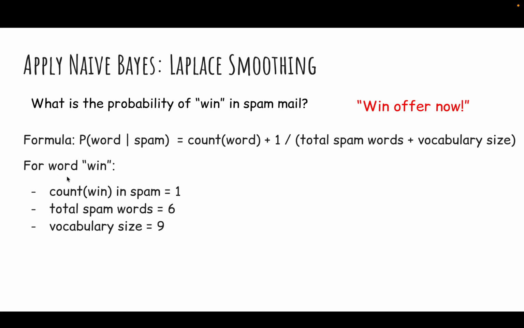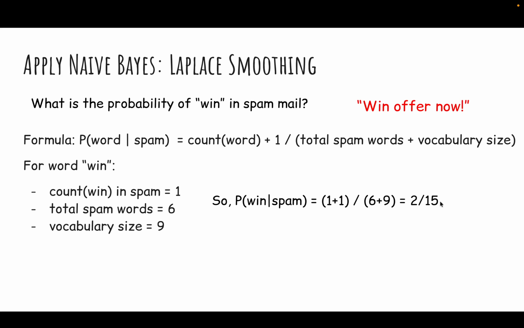So for the word win, the count of win in spam is 1. Total spam words is 6, so we have 2 mails, 3 words in each mail which are spam. And then we have a vocabulary size of 9, which includes spam and non-spam mails. So the probability of the word win appearing in a spam mail is equal to 1 plus 1 divided by 6 plus 9, which is 2 by 15.